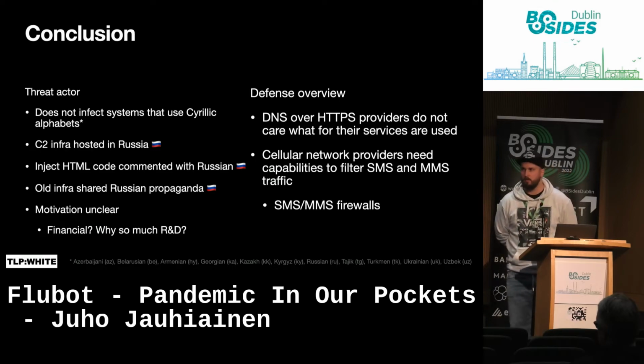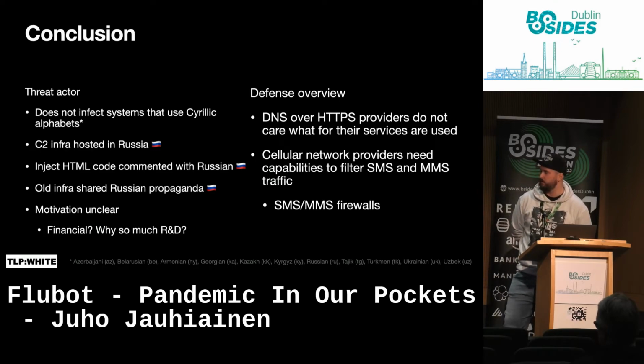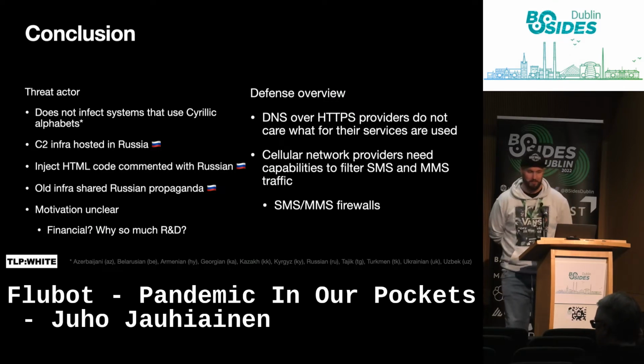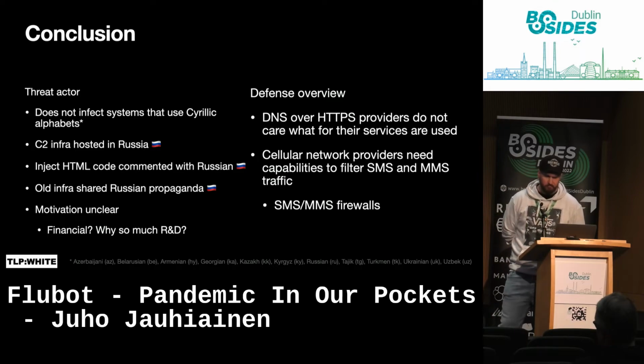They are using a lot of resources to update the software. Also, the hosting infra is kind of large, and of course the drop sites, they are burning those compromised WordPresses super fast. I think they are financially motivated, but why are they spending so many resources on this? Because I think you could do this with fewer resources as well.